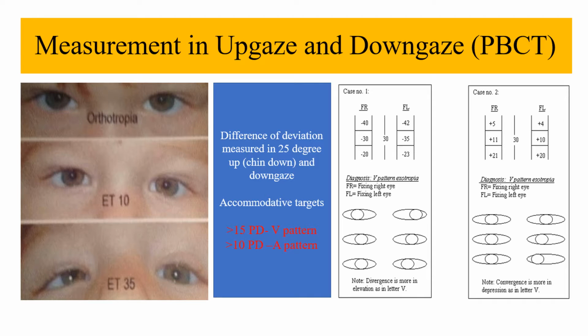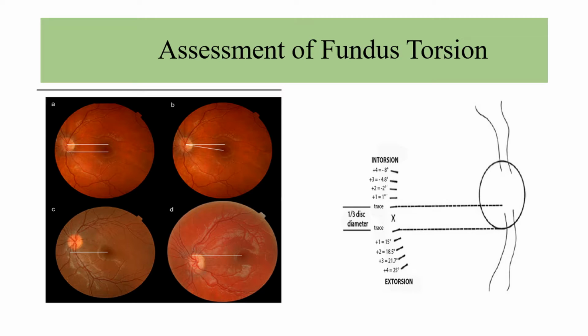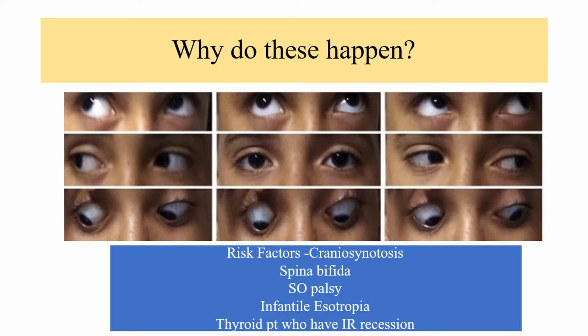If you see that the deviation is varying by more than 15 prism diopters, it's a V pattern, or more than 10, it is an A pattern deviation. Assessment of the fundus to look for torsion is very important, and you can do that by indirect ophthalmoscope or fundus photography, and that is the paper I'll be talking on, where the torsion is getting affected when you don't consider it in A and V patterns.